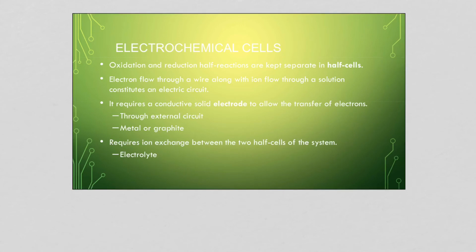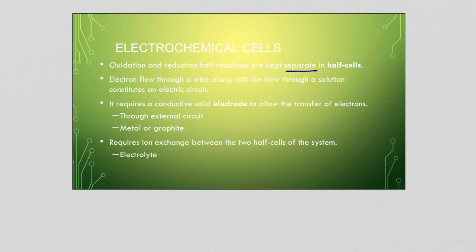So in order to make this useful, we're going to separate the 2 half reactions. So instead of having the zinc in the same solution as the copper, so essentially oxidation and reduction are taking place right next to each other, we're going to separate them physically, and so we have to then provide a pathway for the electrons to flow from the site of oxidation to the site of reduction.